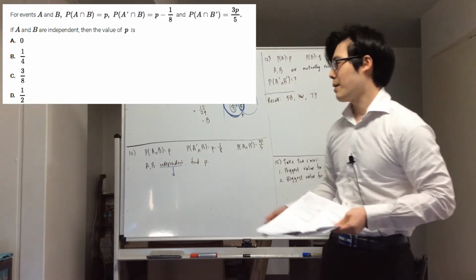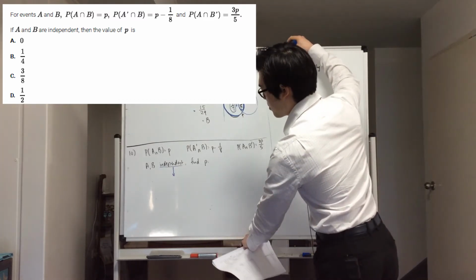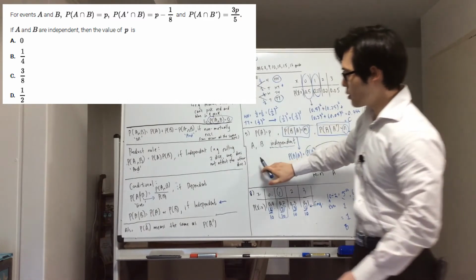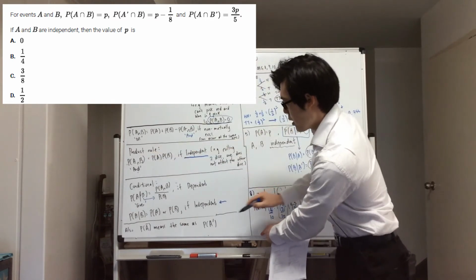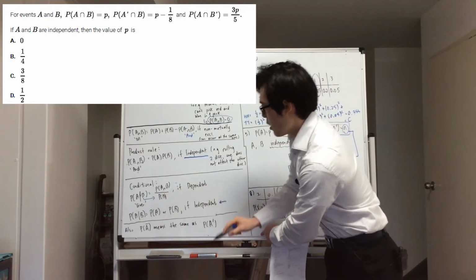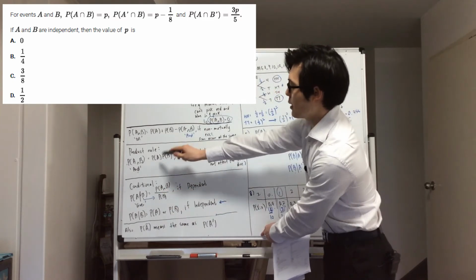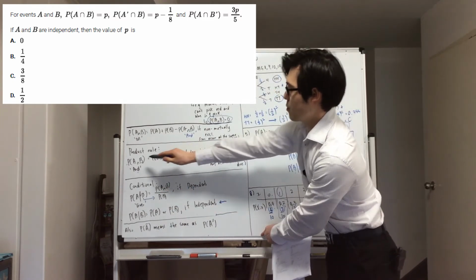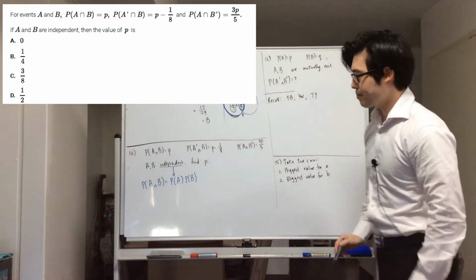What do we know about independent? Let's go back to the other side of the board. What we know so far is that if it's independent, we know this, and we know that. Obviously, we don't want to use this one because we don't have a given symbol in the question. So let's go with this. Okay, that's our starter.